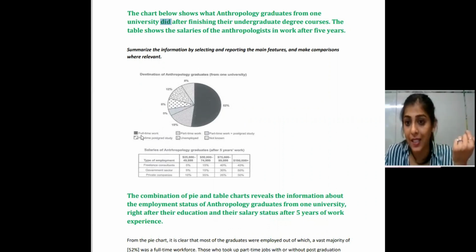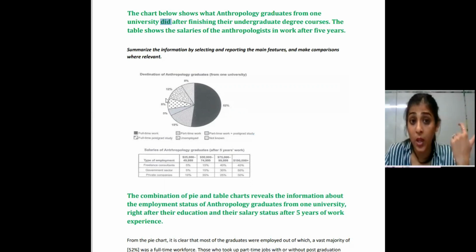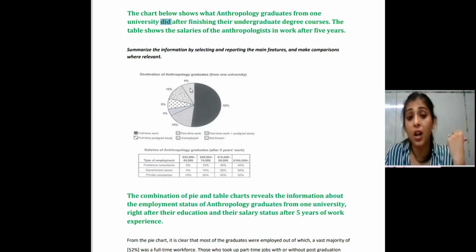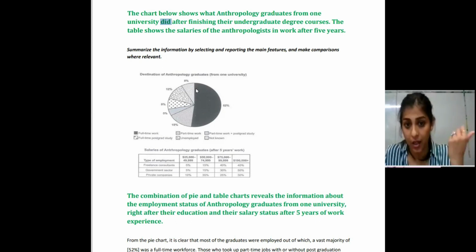What they did is, now you can see the key down here below under the pie chart, is that 52% are engaged in full-time work, and then 15% are involved in part-time work, 5% are involved in part-time work plus postgraduate study, then 8% are involved in full-time postgraduate study, and then there are 12% unemployed, and then there are 8% of students about whom the information is missing, like what they did after their graduation.